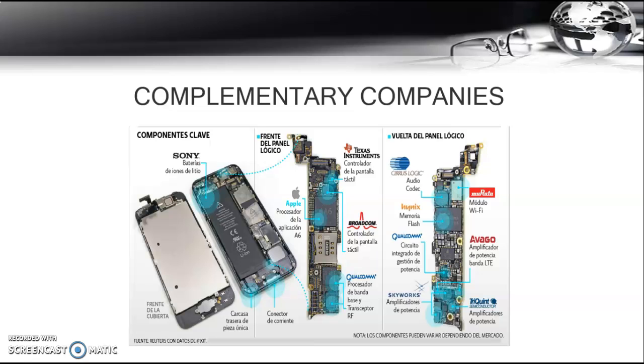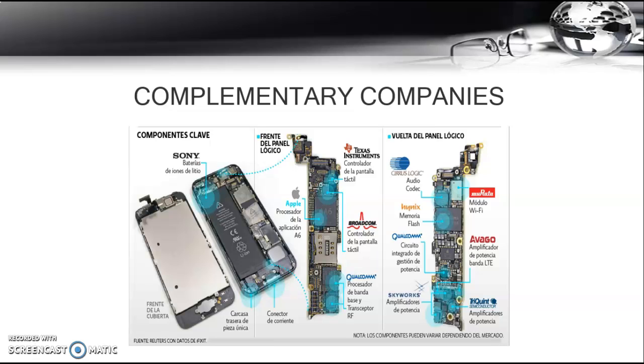Andrew Grove, a former Intel CEO, says Porter's model overlooks a sixth force, the power, vigor, and competence of complementary companies. They are companies that sell products that add value to the products that other companies in an industry make, because when they are used together they better satisfy customer demands.